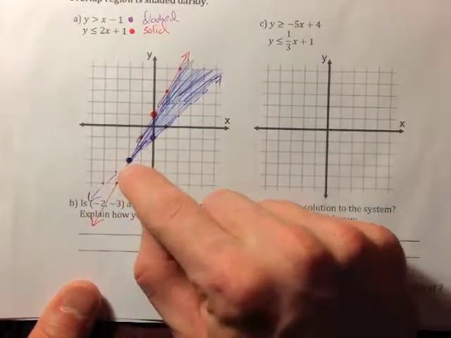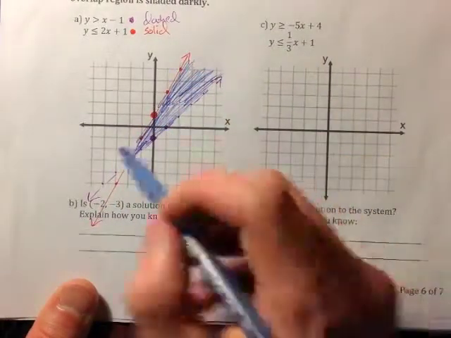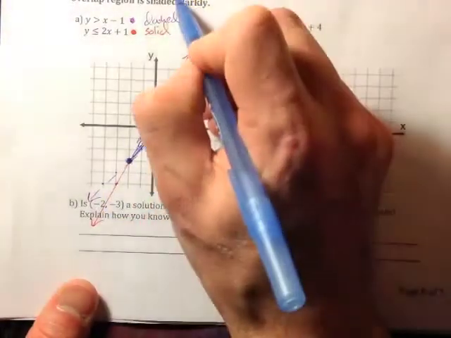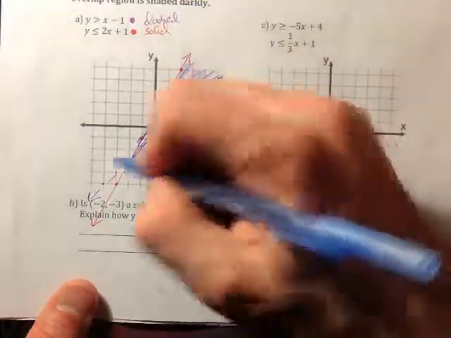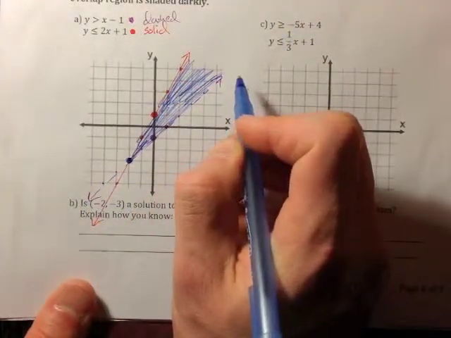Now that point is not in the overlap region, but the intersection point still would be a solution to the system of inequalities if both boundary lines were solid. Okay?